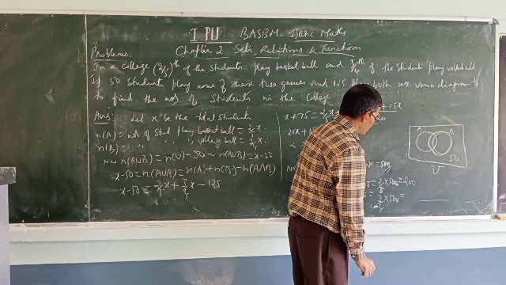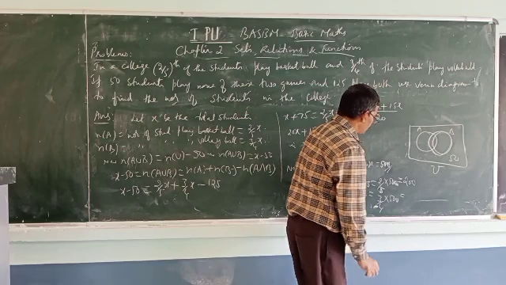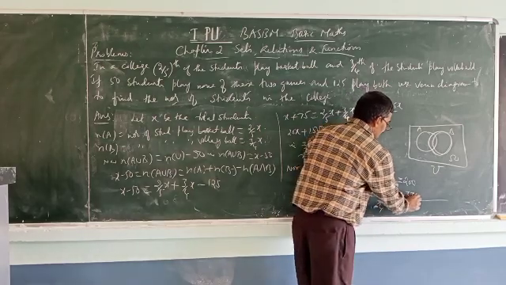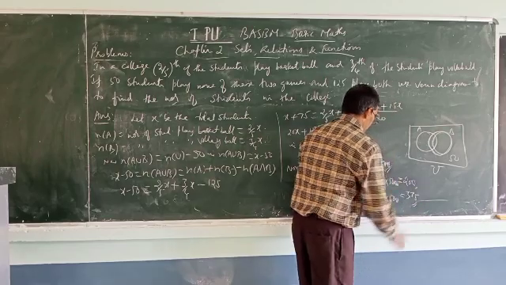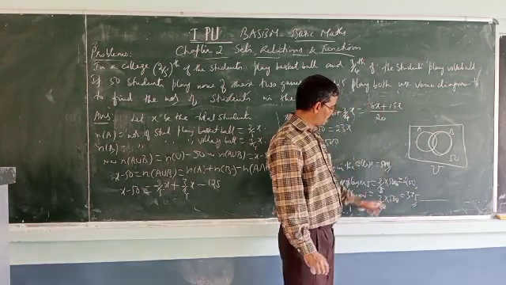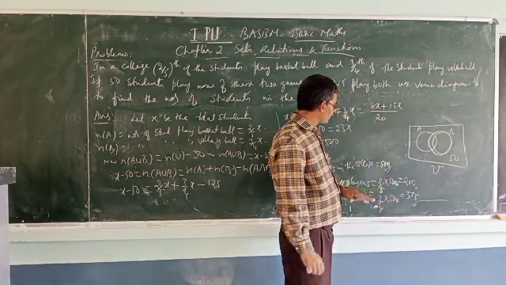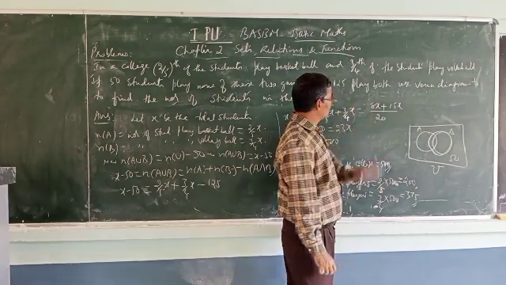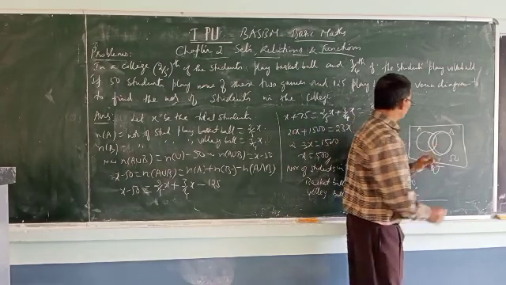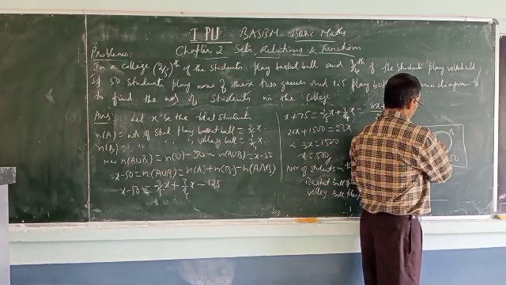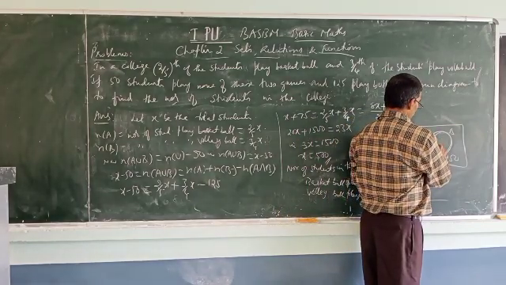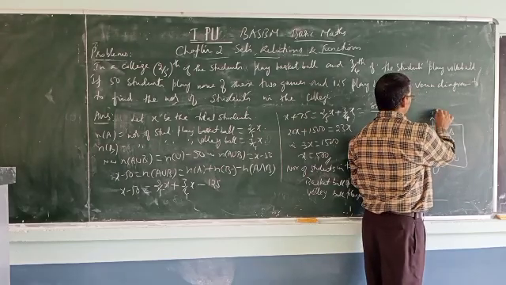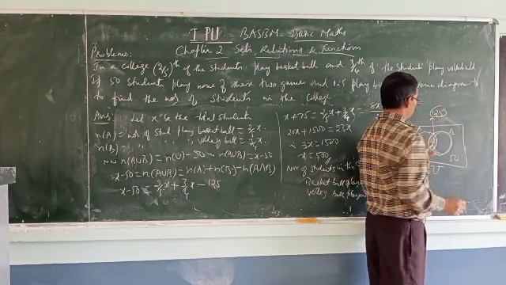This is how much? 375, if you do the calculation properly. So how many play both? 125 play both the games. So here 125.